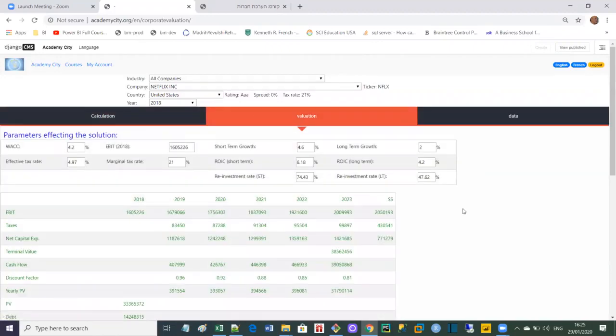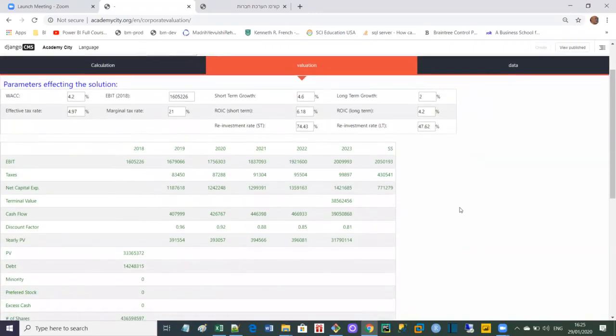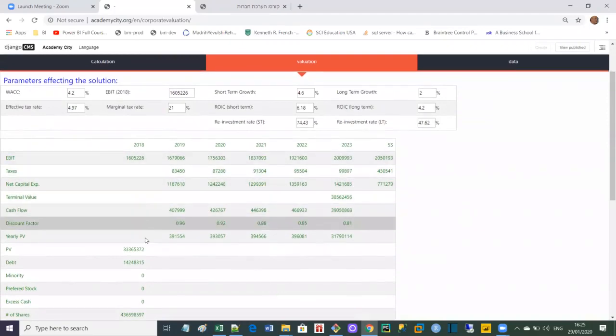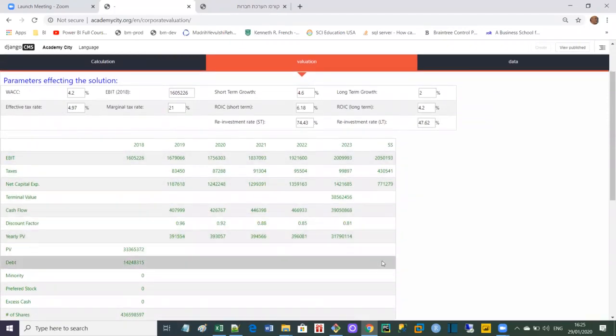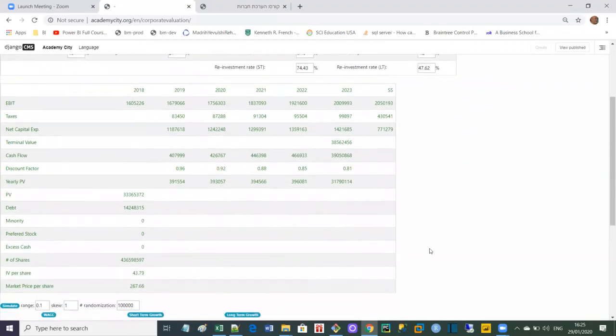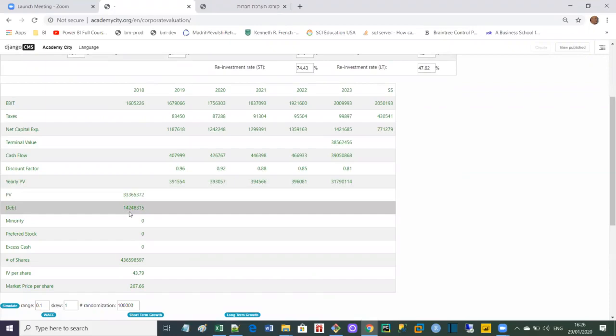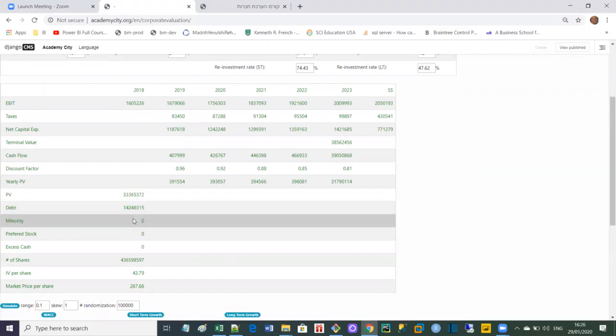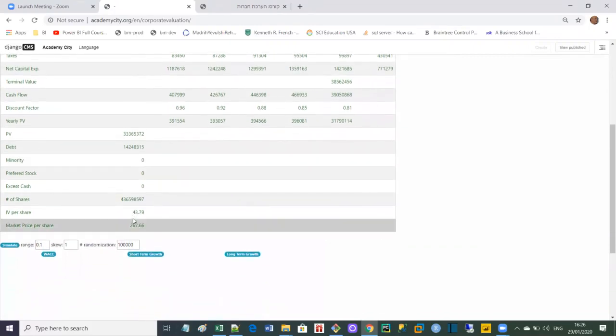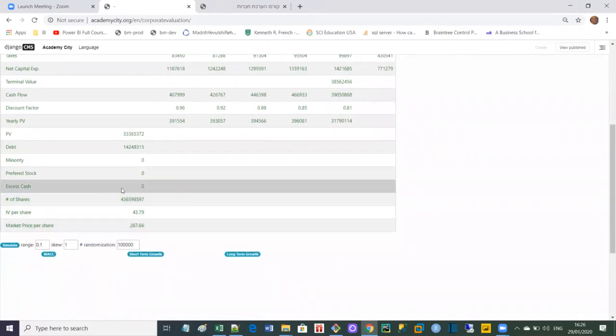In the valuation, we get the net present value exactly as we learned in class, and then we said that we're supposed to subtract the debt. We subtract the debt. We subtract minority interest if there is any. Now we know what minority interest is. And then I said in class, and also you should do in this final video, we assume there is no excess cash.